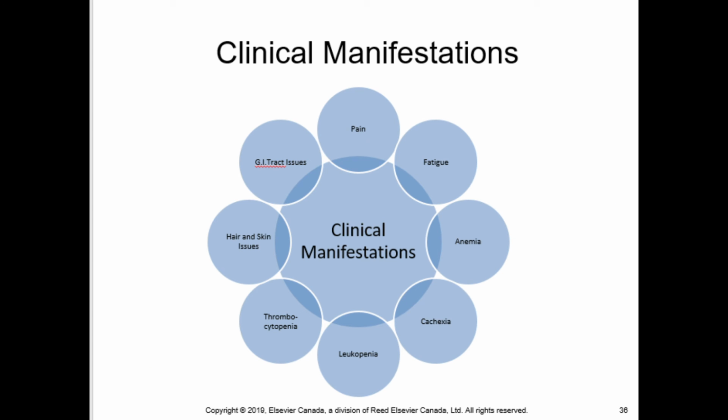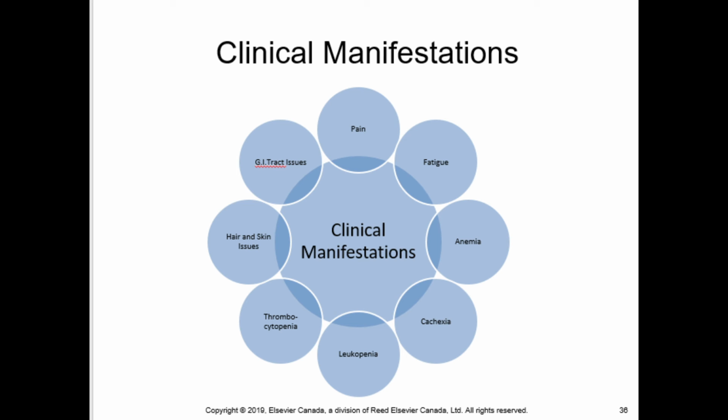Lastly, here are a number of different clinical manifestations associated with cancer and cancer treatment. Firstly, if we start off by looking at pain. In the early stages of malignancy, there is often little or no pain associated. However, pain may be influenced by fear, anxiety, sleep loss, fatigue, and overall physical deterioration.